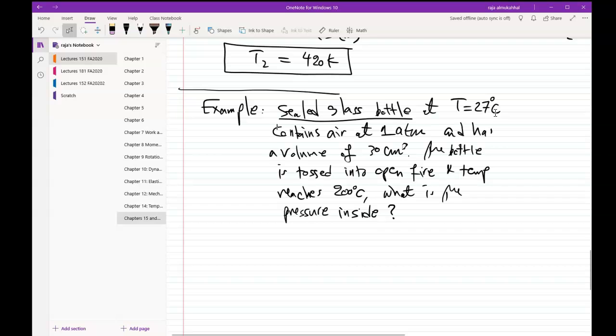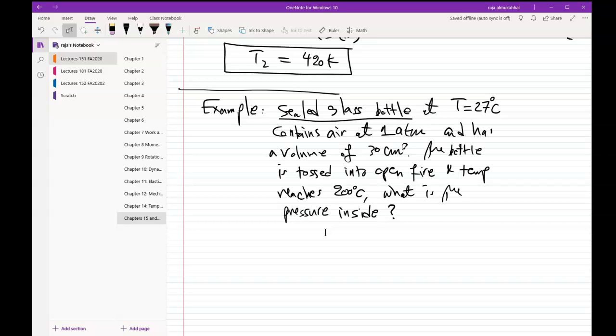So I take that and I throw it in the open fire, and the air inside heats up to 200. Okay, remember 100 degrees is the boiling temperature of water. 200 is double that, so it's extremely hot. So you would imagine that the pressure is extremely large inside. I mean, if the bottle is not thick enough of glass, it may explode. You see what I'm saying?